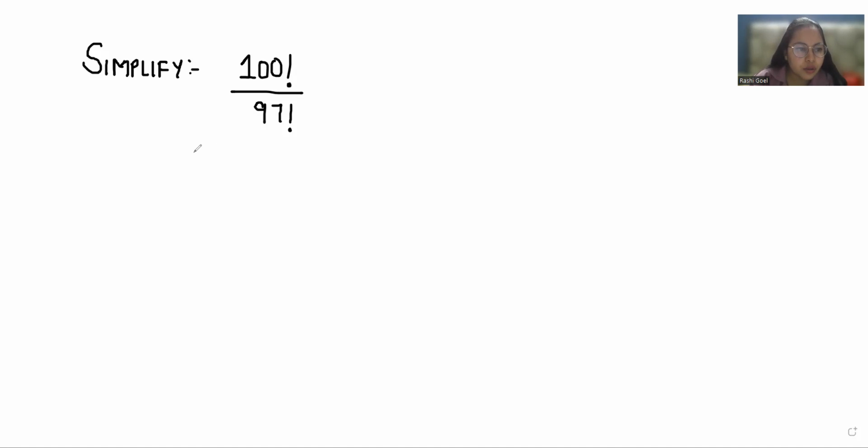So we are going to use the formula of factorial, that is n factorial is equals to n times n minus 1 times n minus 2 times n minus 3 times so on till 3 times 2 times 1.